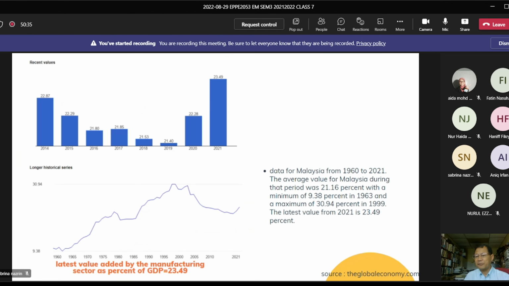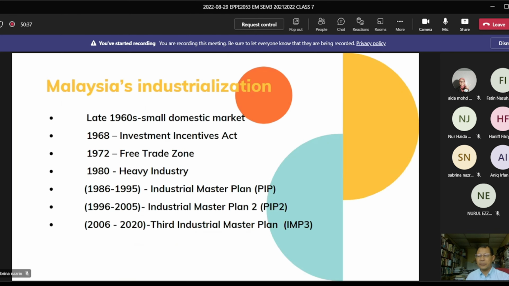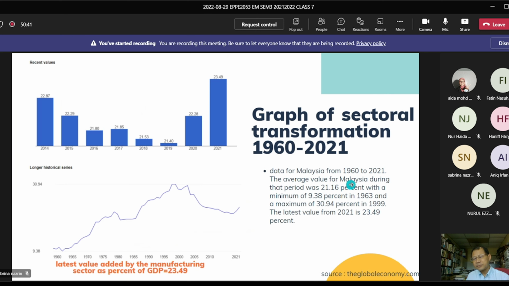So over here, wait. The graph, okay, this is value added of manufacturing. What it means, you know, the total minus the cost, that's value added. So this is the value added for the manufacturing.